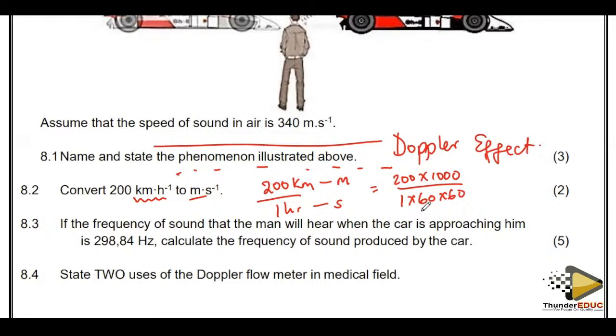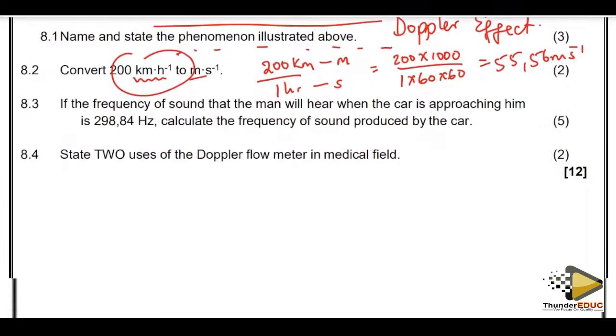So that is 200,000, and I'm dividing it by 3.6. Guys, I'm getting 55.56. That is meters per second. So it's advisable, guys, to always convert to standard units. If you're given a question in kilometers per hour, please convert it to meters per second.